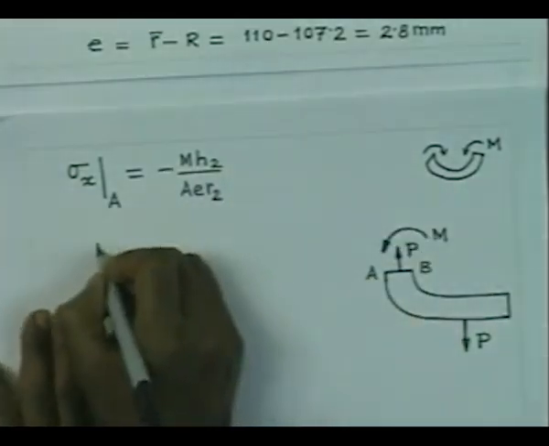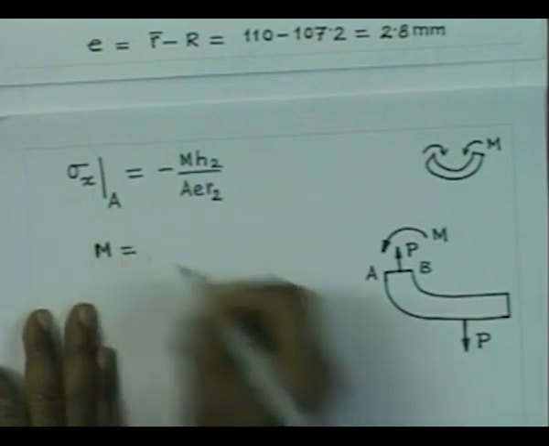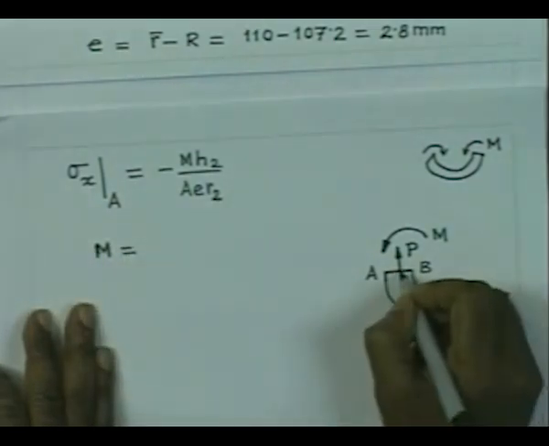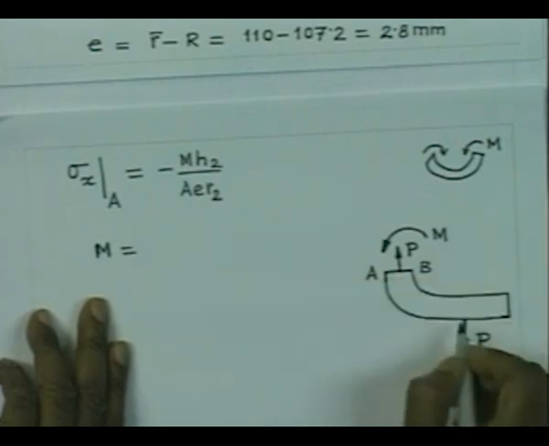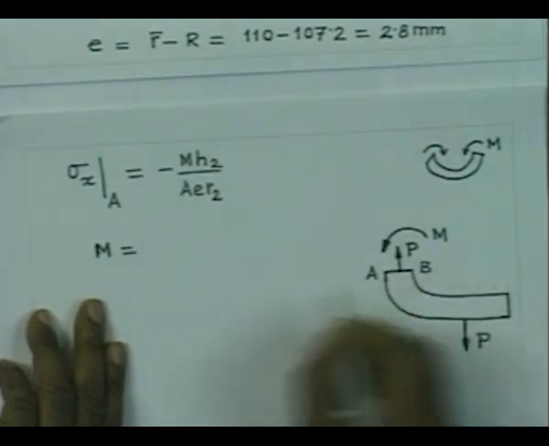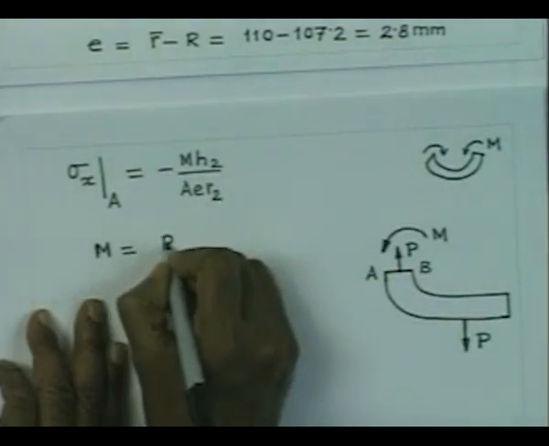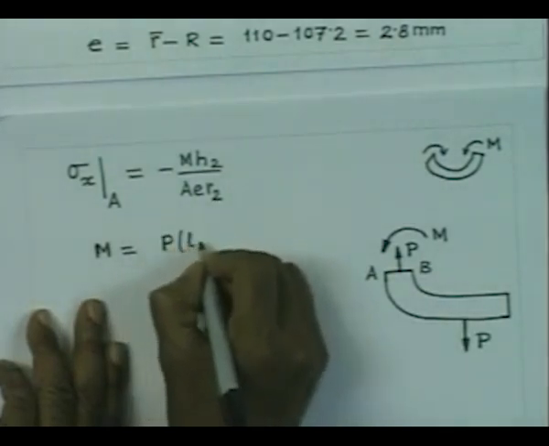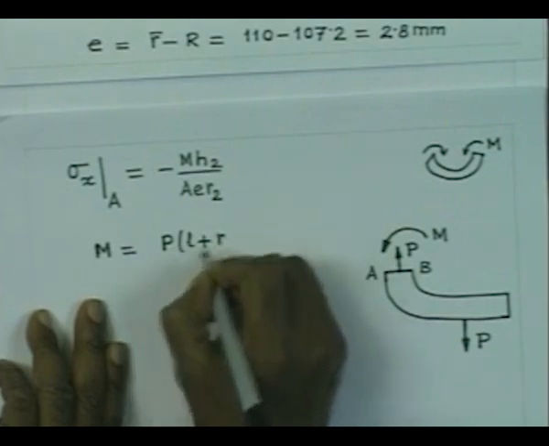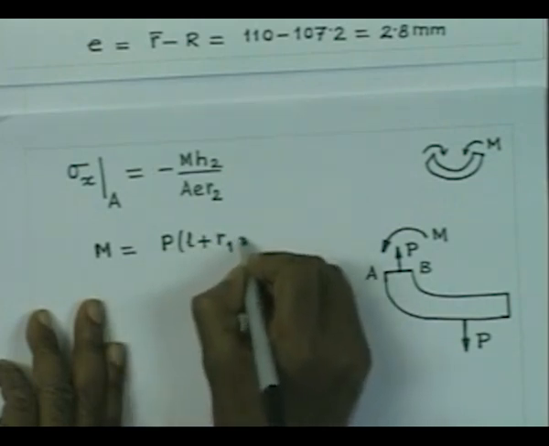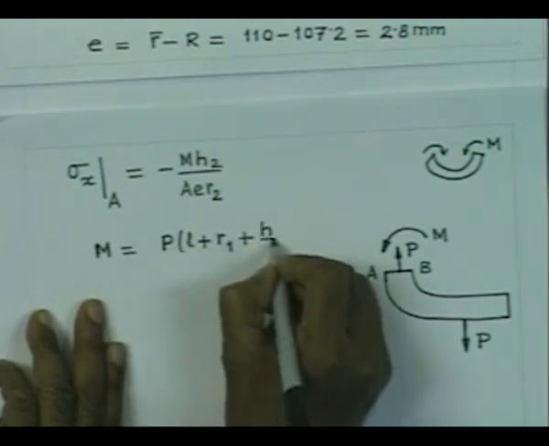In this case, we have to take the bending moment produced by this force at the centroid. So, it is going to be P into L plus R1 plus H by 2.